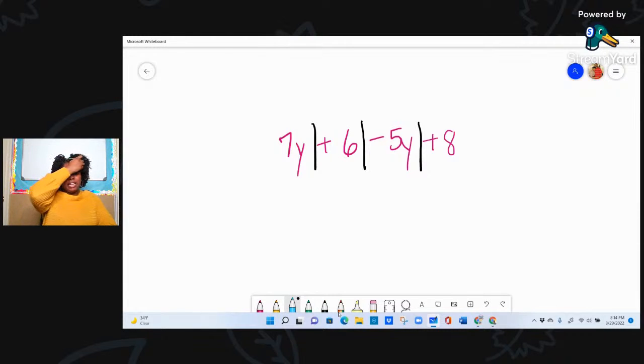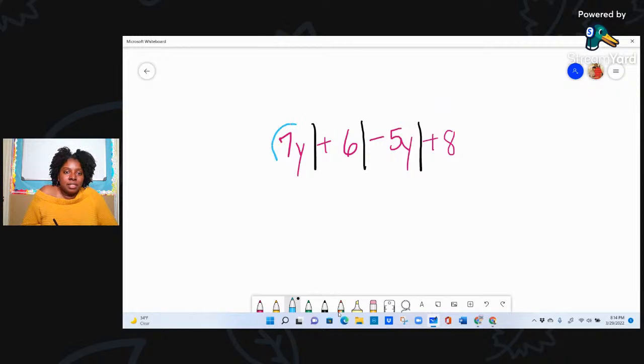All right, so I just separated the terms, and we have 4 terms. Here are the terms: 7y plus 6 minus 5y and plus 8. These are 4 different terms. Now, what are my like terms?